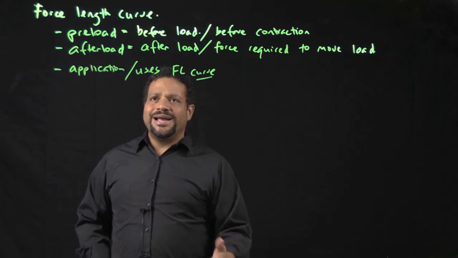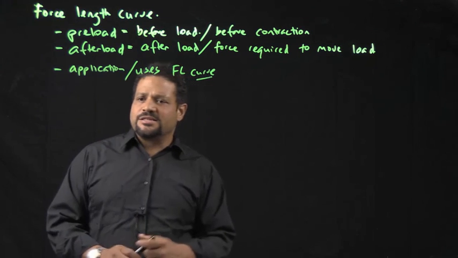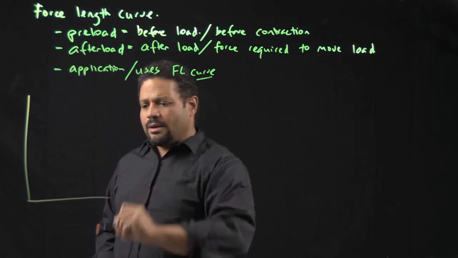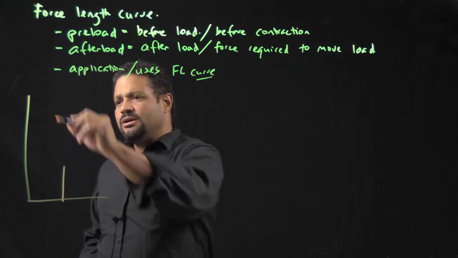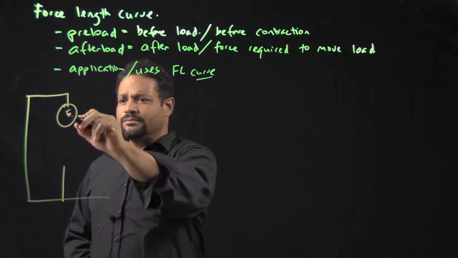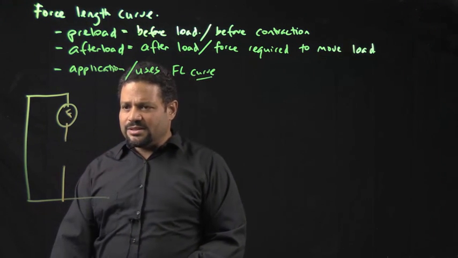The way that we actually generate the force length curve is that we utilize a specific apparatus, where this is a rig upon which we measure force. And we suspend an isolated skeletal muscle in between here.